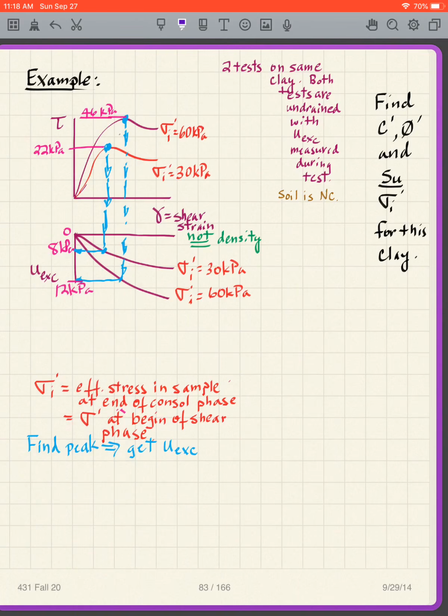Okay, so let's look at this example. We have two tests on the same clay. I'm showing them, we often put them on the same stress strain curves. Both tests are undrained, and we measure UXS during the test.